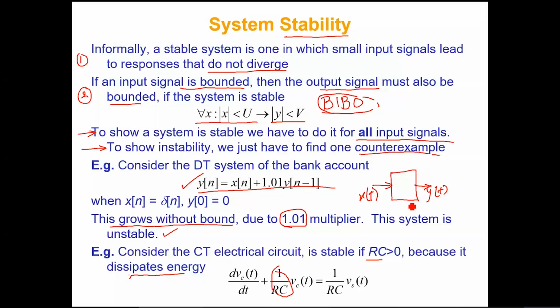For example, in the circuit that we saw earlier, the output was the voltage across a capacitor. Now, if for any given input the voltage across a capacitor tended to become infinity, then you would have solved the energy problem. But that actually doesn't really happen. Theoretically, it tends to go towards infinity, but practically, it just saturates.